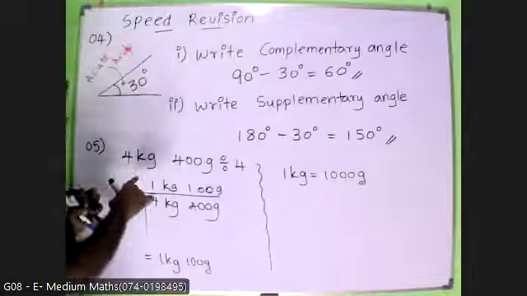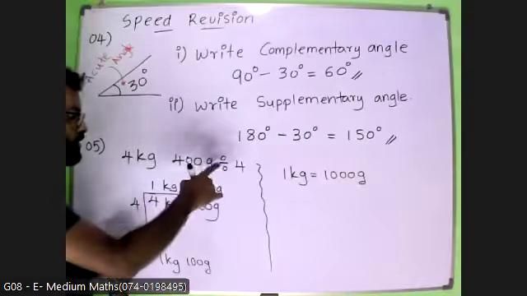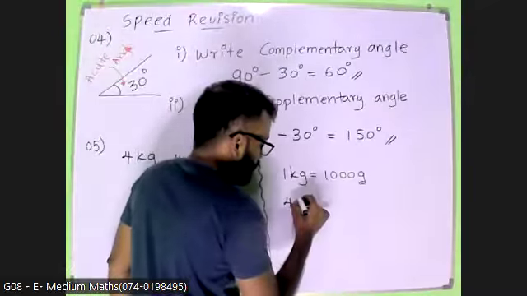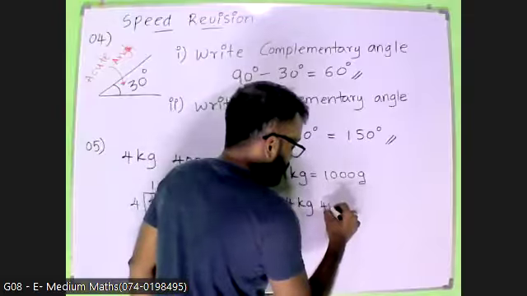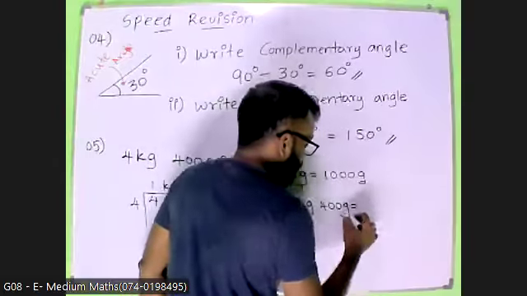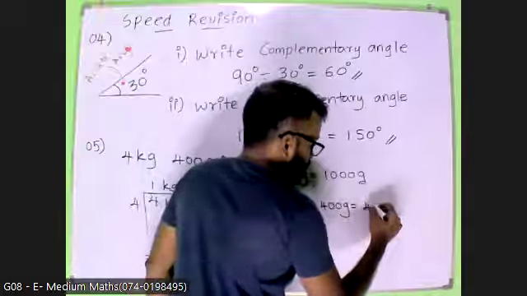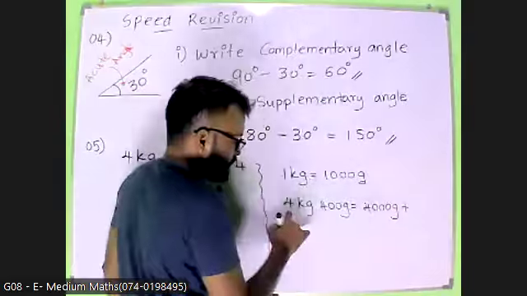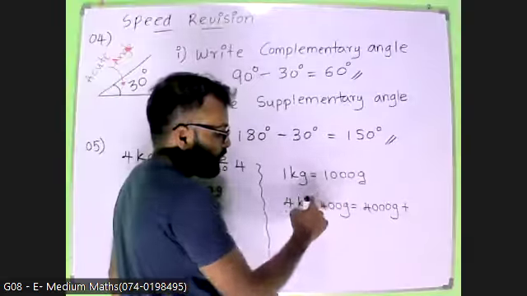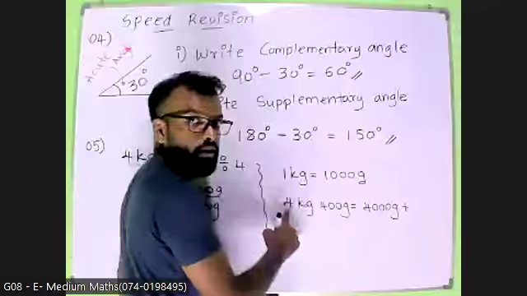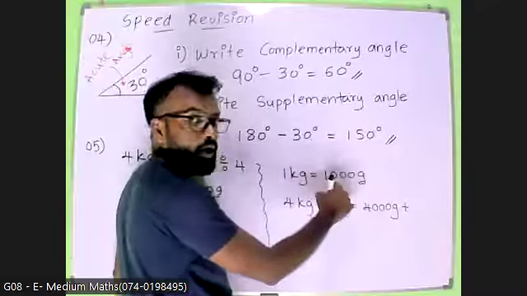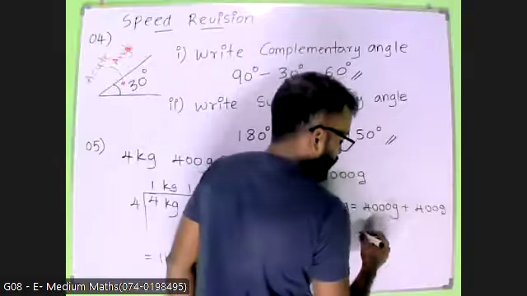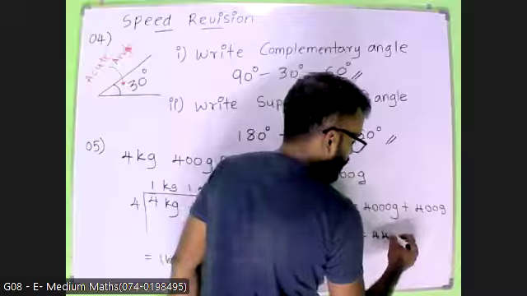So, how do you convert 4 kilograms and 400 grams into grams? 4 kilograms and 400 grams can be written as 4000 grams plus 400 grams. 4 kilograms means 1000 grams times 4, which is 4000 grams. Plus 400 grams. So altogether you have 4400 grams.